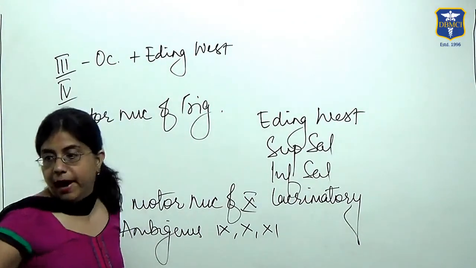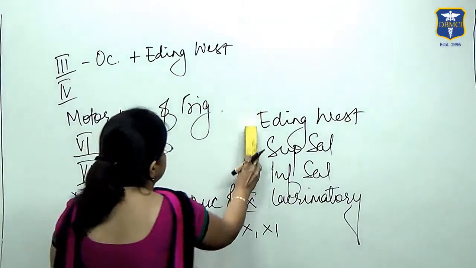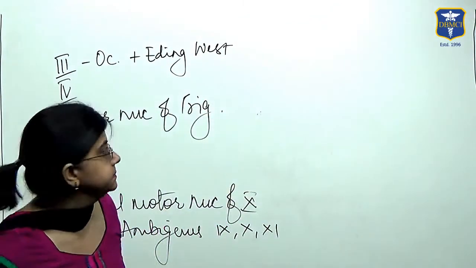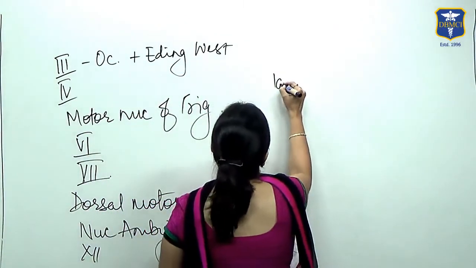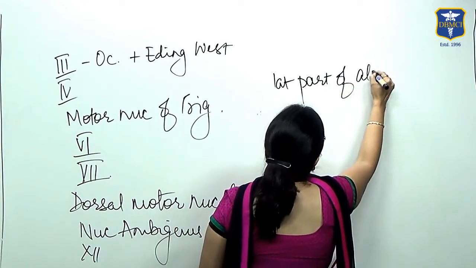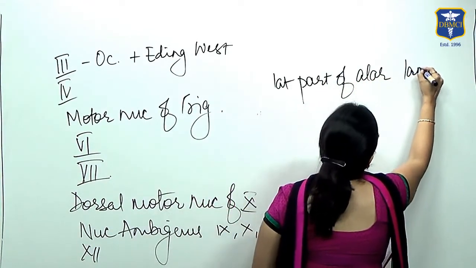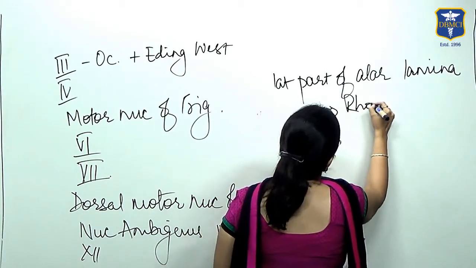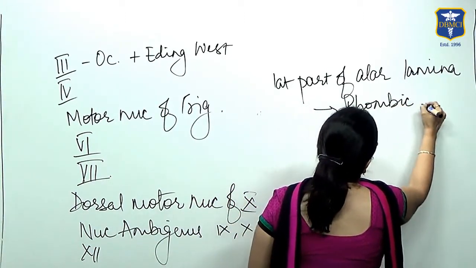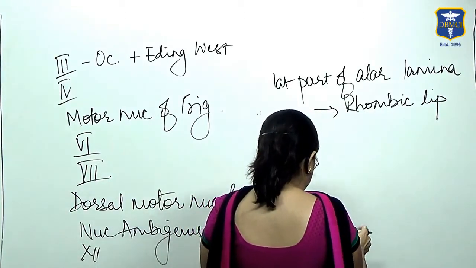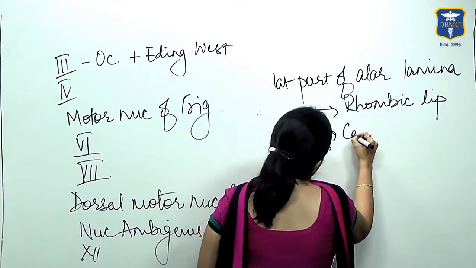The lateral part of the alar lamina will form the rhombic lip, which forms the cerebellum.